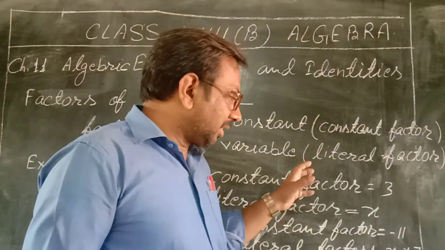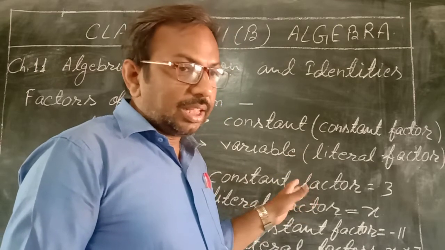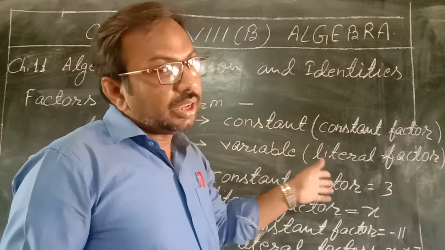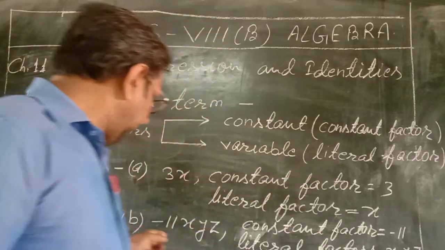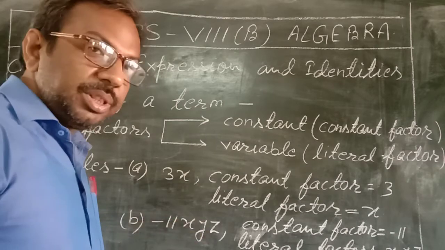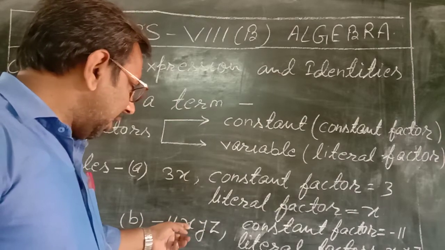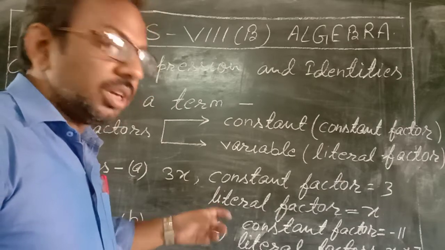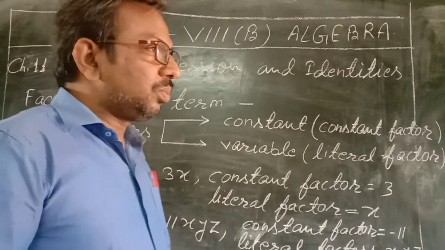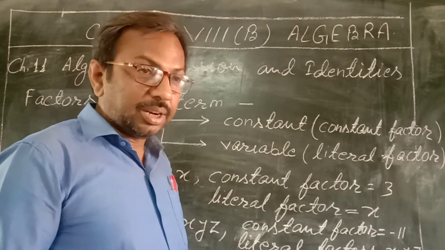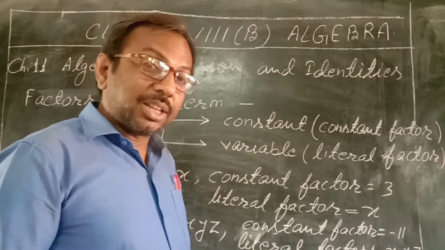If no constant factor is there, then we understand that sign with the literal factor. Suppose minus 11 is not there, and minus xyz is there, then we can understand x has minus sign, meaning minus x became the literal factor. Minus x also will not be the literal factor; there the constant factor will be minus 1.